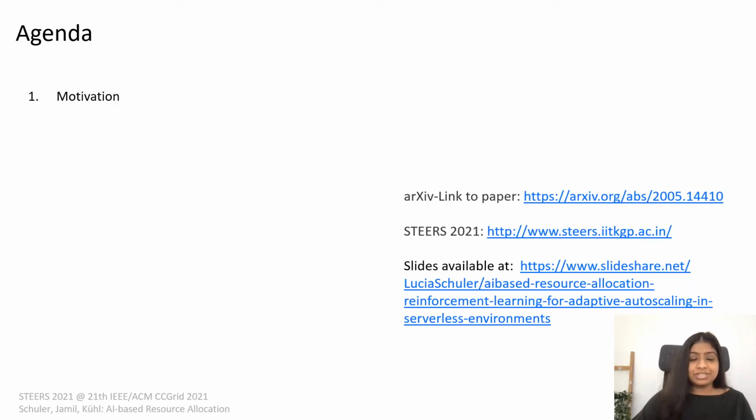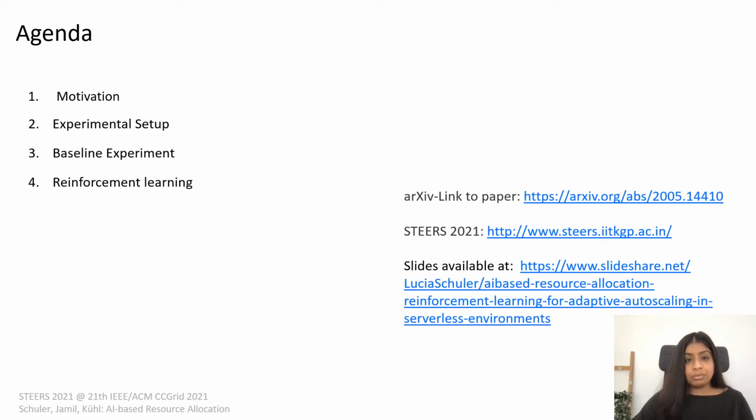What we'll cover in today's talk is our motivation behind the paper, the experimental infrastructure setup we had in place to do our baseline experiments, which confirmed that tweaking certain parameters in Knative has a significant impact on the performance of the application. We'll also talk about the performance impact on this application when we used AI to tweak those parameters. And at the end, we'd like to summarize the findings.